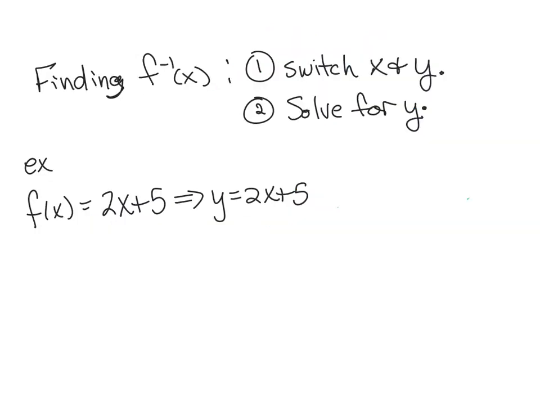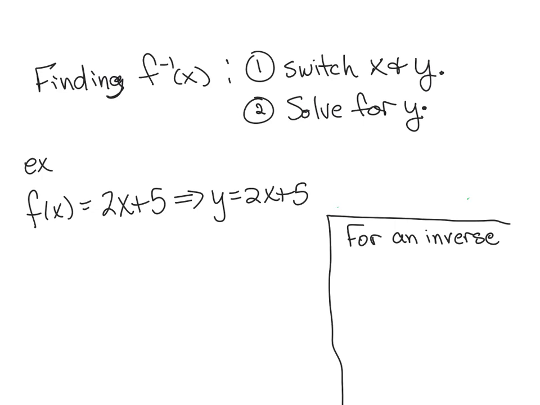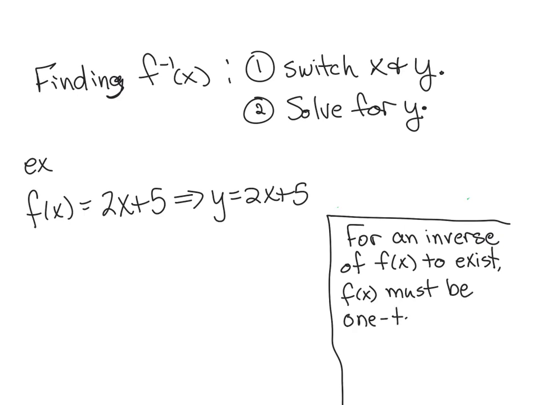Okay, before we work this problem, I want to state something very plainly here. For an inverse of f of x to exist, f of x, not only is it a function, it must be a one-to-one function.